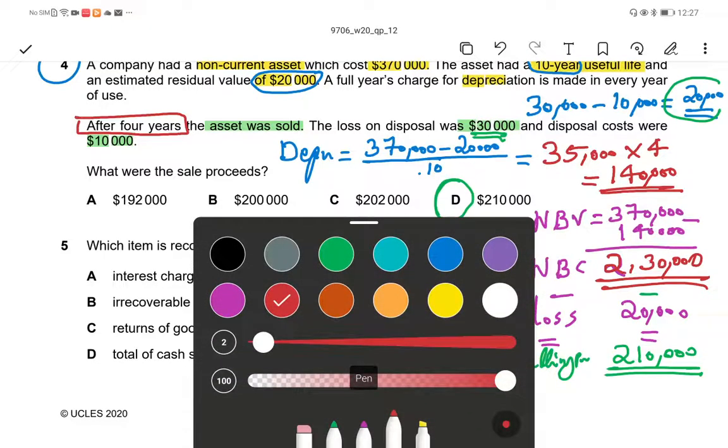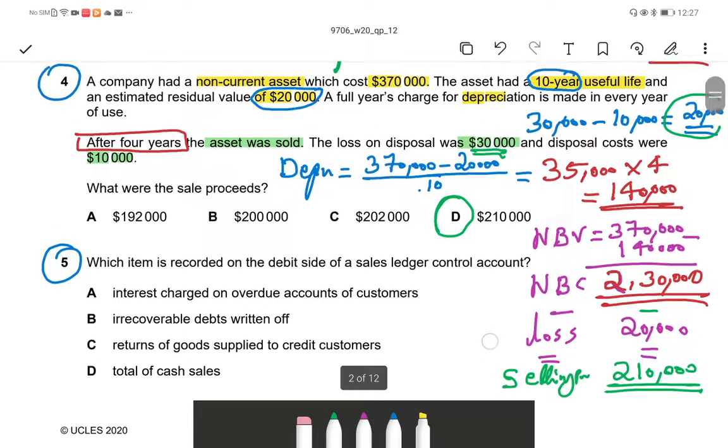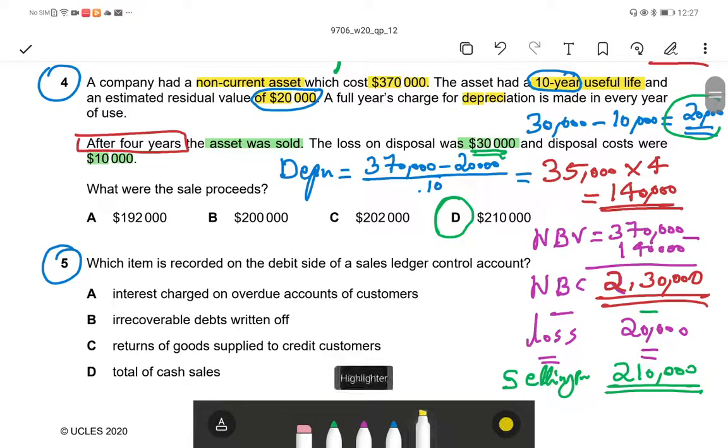Next, question number 5. Which item is recorded on the debit side of the sales ledger control account? Sales ledger control account is the debtors account. Increasing debtors on the debit side, decreasing debtors on the credit side.